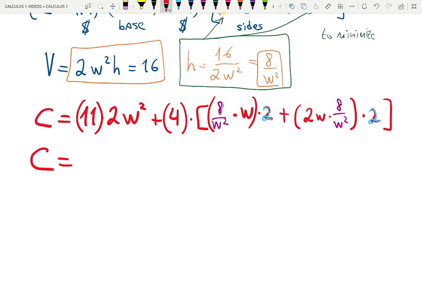It's too complicated. So we have 2 times 11, which is 22, w squared plus, because w is not 0, I can actually cancel out some of it. So it's going to be 4 times 8 times 2. Maybe let's simplify that 2.